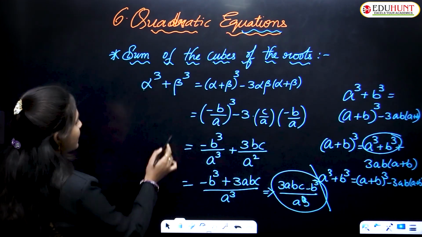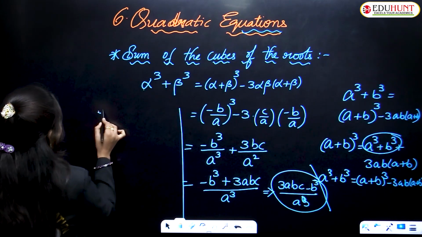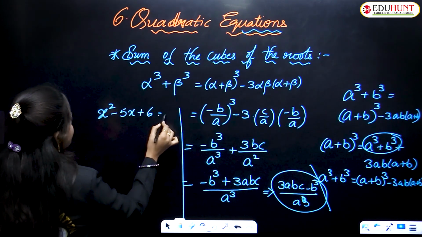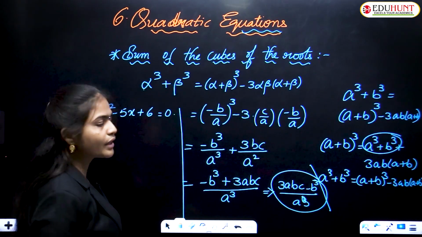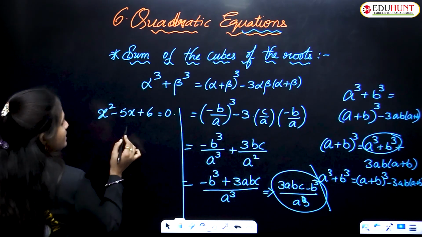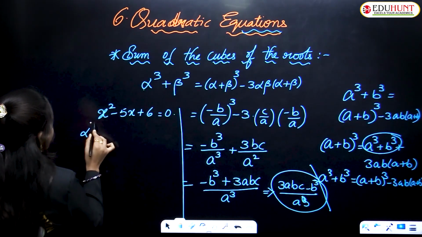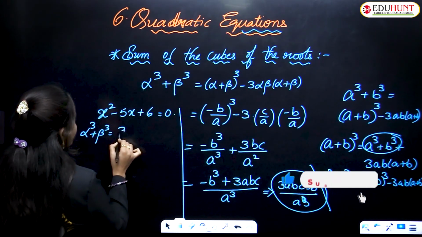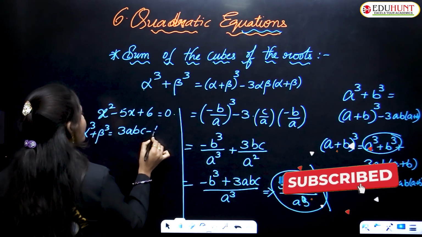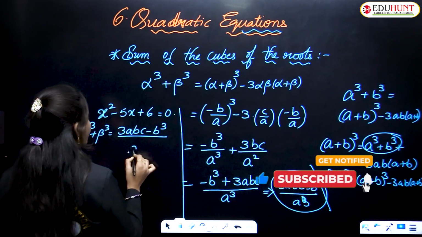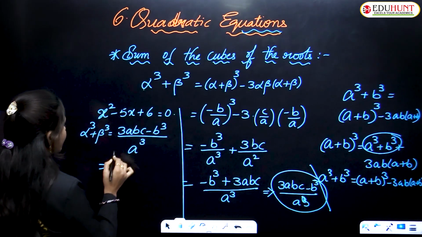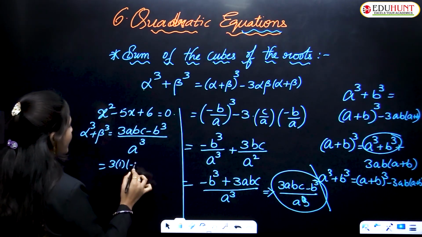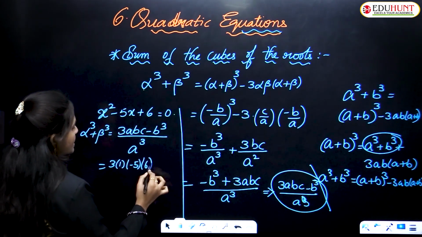Okay, so let us see the example. x square minus 5x plus 6 is equal to 0. Here we need the sum of the cubes, so alpha cube plus beta cube is equal to, what is the formula here? 3abc minus b cube by a cube. So here a is equal to 1, b is equal to minus 5, c is equal to 6.